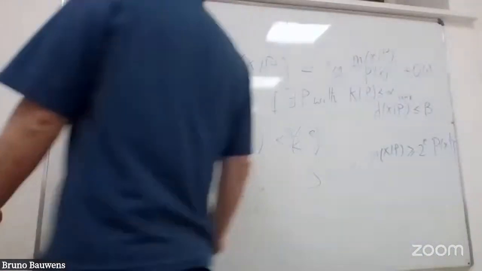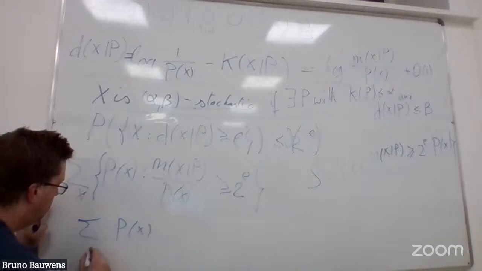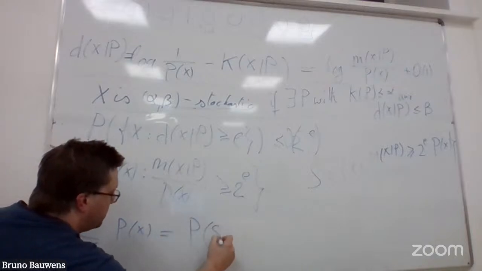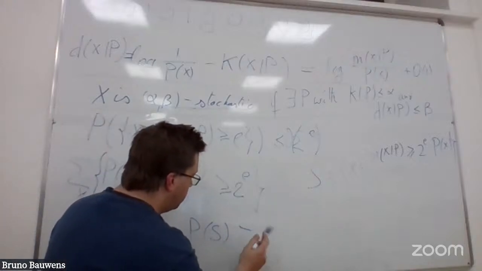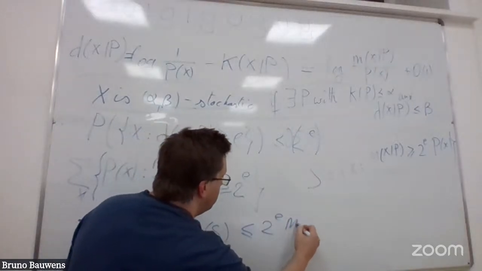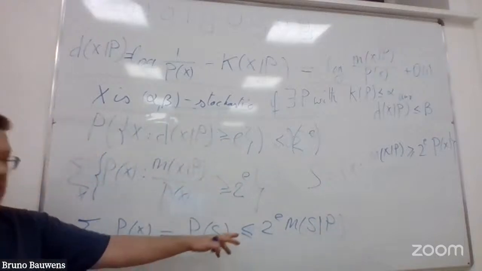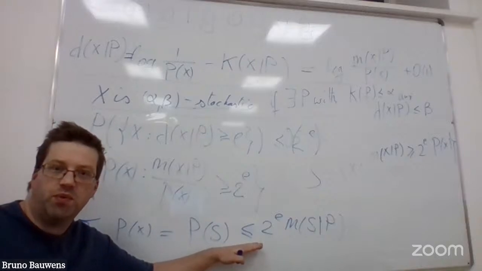So when we sum P of x for x in S, we get just P of S. But by definition, this is smaller than 2 to the power minus e times m of S given P. Right? Oh, it's too low. You cannot see it because of the camera.